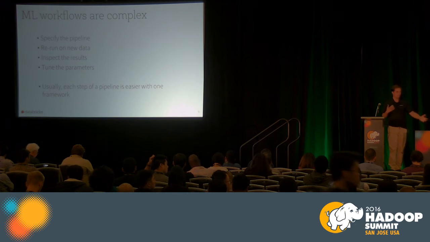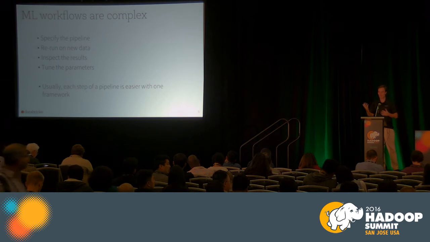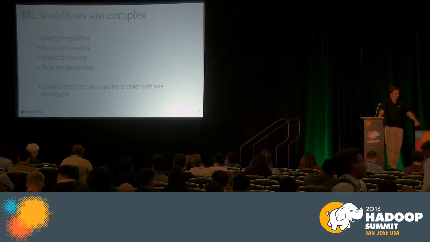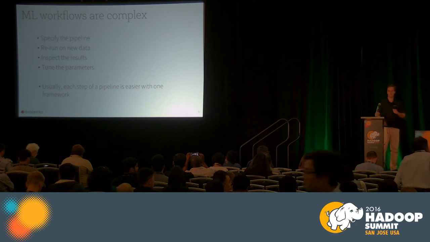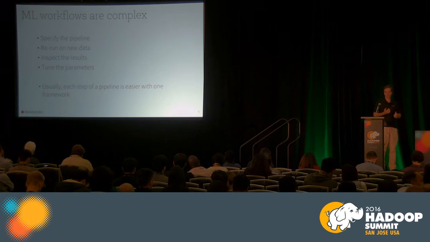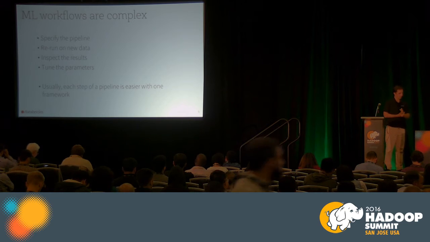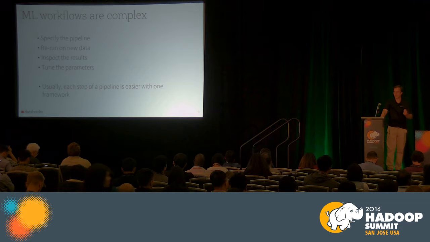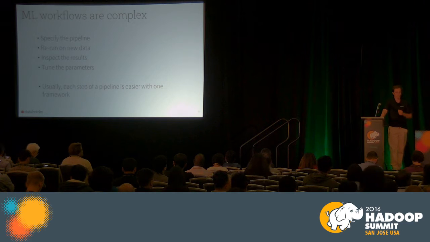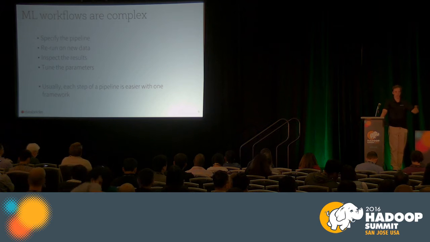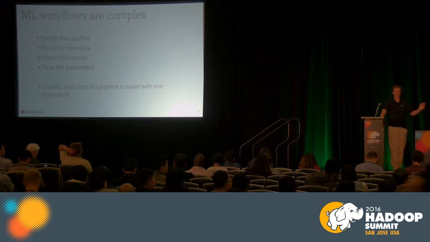They will also need to rerun and inspect the data that is being processed. There are a lot of ad hoc steps in which you need to inspect the intermediate results, figure out what to change, figure out what to do. And as in machine learning in general, there are always a few knobs to tweak and a few parameters to tune. If you don't do that, this is usually the difference between having a working and efficient solution and getting essentially garbage at the end.